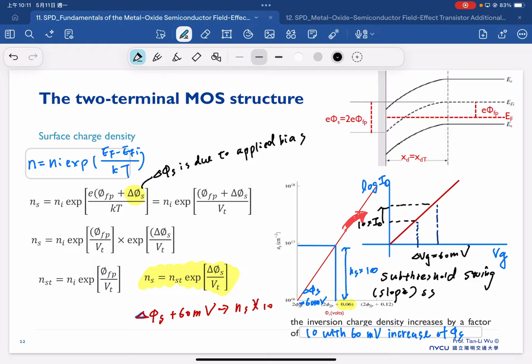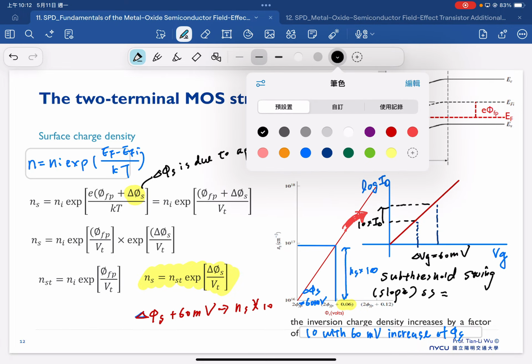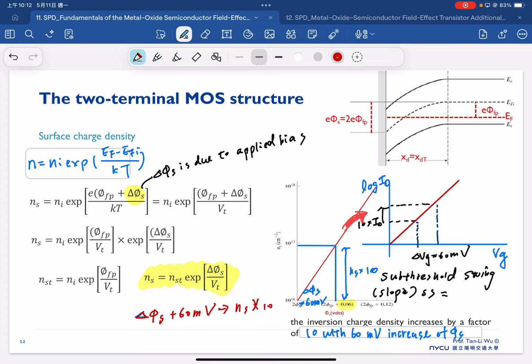So you will very often hear that the best case we can achieve for the transistor is 60 millivolt per decade. How does this 60 millivolt per decade come about? It just comes from this very fundamental equation.